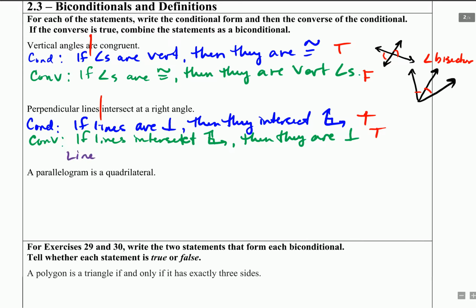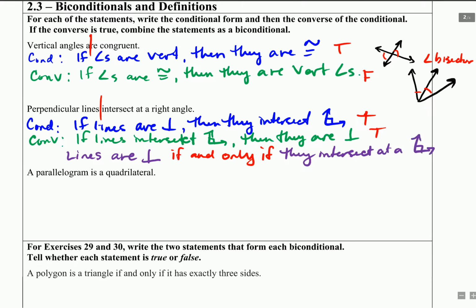This is just lines are perpendicular, and then we connect them with if and only if they intersect at a right angle. And if you remember, that's the definition of perpendicular, isn't it? Perpendicular is lines that intersect at a right angle. Perpendicular lines intersect at a right angle. So that was a good one.